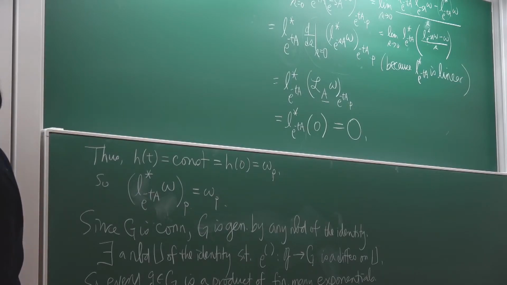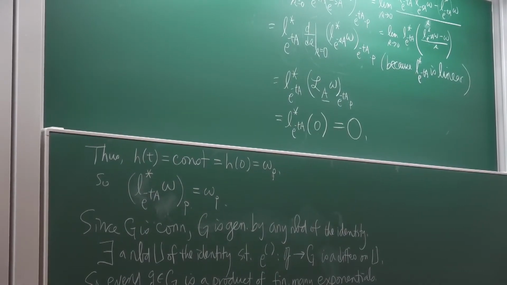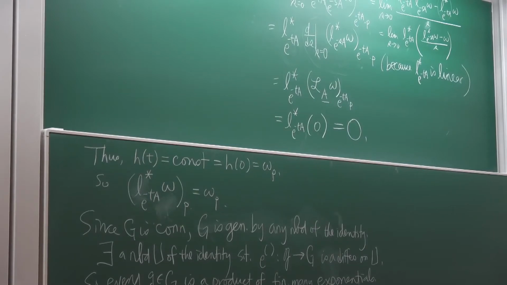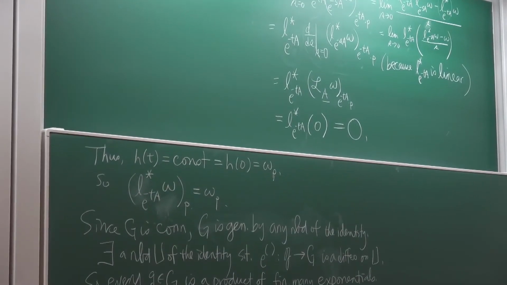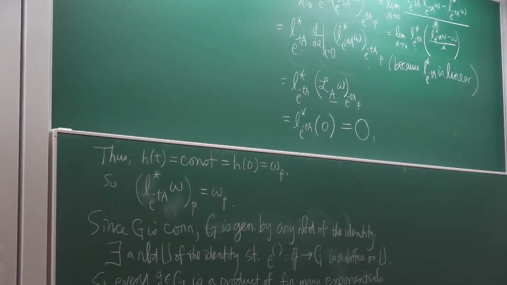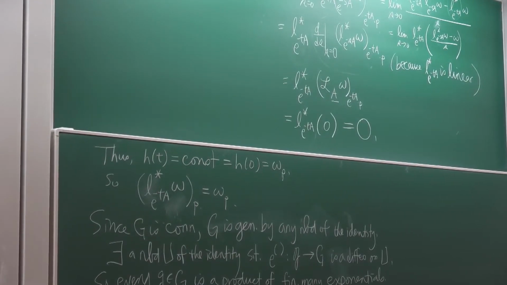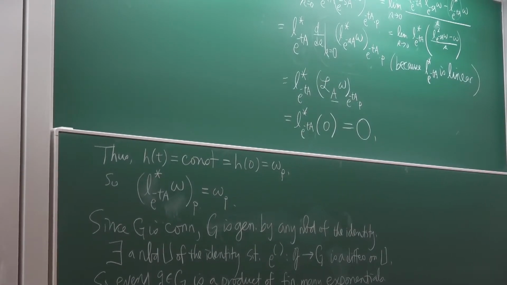Now, there's another property of basic forms, and it's called horizontality. To define horizontality, I've already defined vertical.